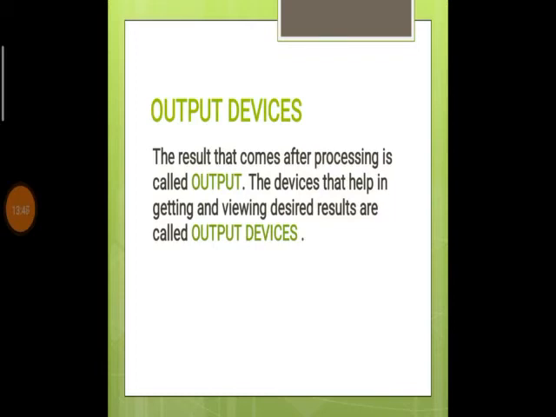For example, you have given input to the computer. Suppose you have given two numbers to the computer to perform addition on those numbers. Suppose you have given 2 and 5 for performing addition. Then in this case, these two numbers, 2 and 5, are your input.